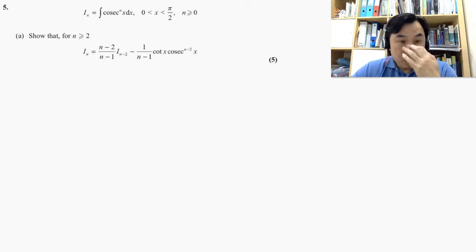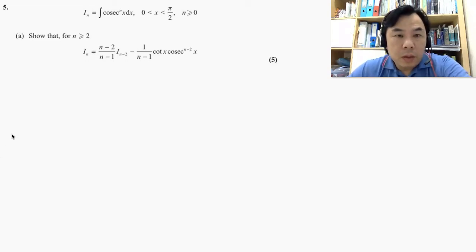If you are dealing with trigonometry, cosecant, sine, cos, or tangent, try to recall any trigonometry identity that we can make use of, or that might be related in this case.